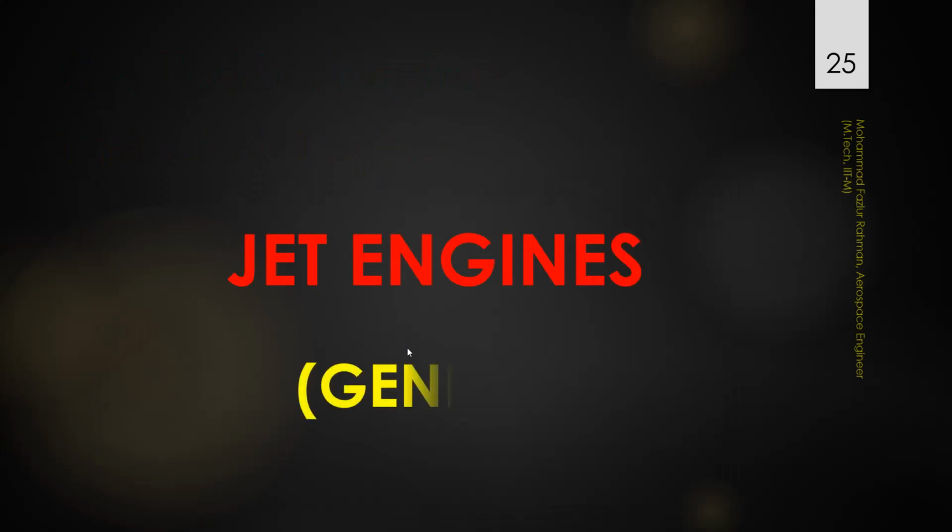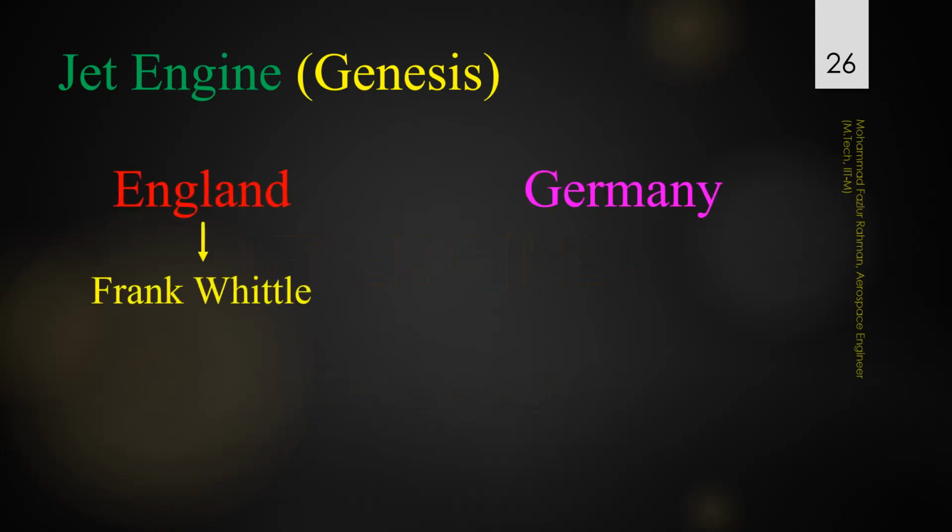Now let us look into the jet engine genesis, how it started, where it developed, and what we have today, how it came into being. Jet engine started getting researched in many places all together.